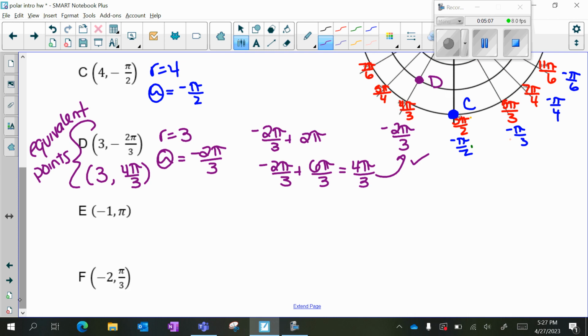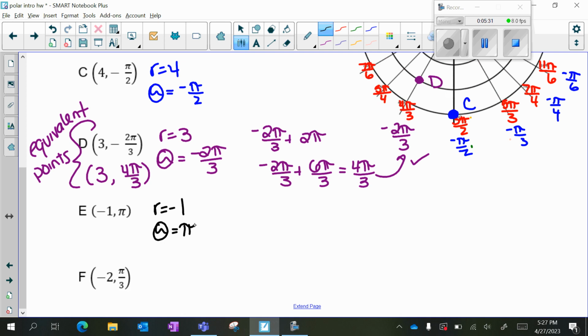E. My radius is -1 and theta is pi. So our radius, remember, or R, is our directed distance. So while we typically think of it being a positive value, the directed distance tells me that I'm not going in the same direction that I'm used to. It's a reflection, essentially. Where is it a reflection over?